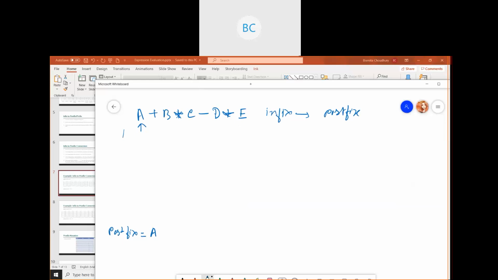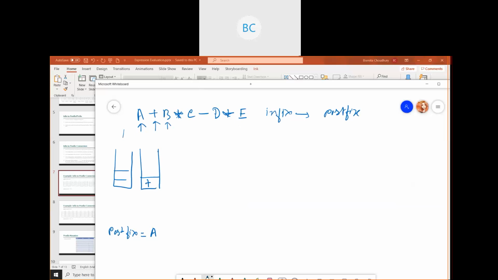Next we have an operator. First, the stack is empty. So next we have the plus symbol. We will push plus here. Okay. Now the moment we get an operator, we cannot directly do the operation. Why? We still don't know the next operator. So we will scan again.